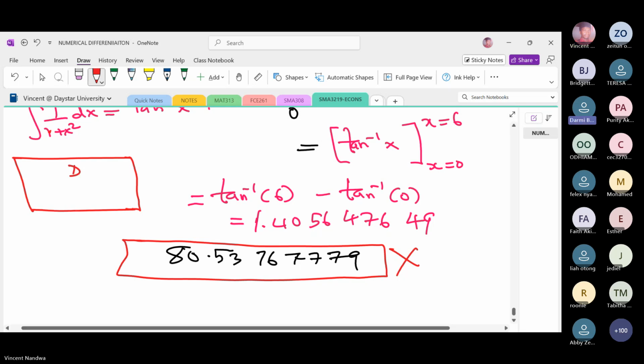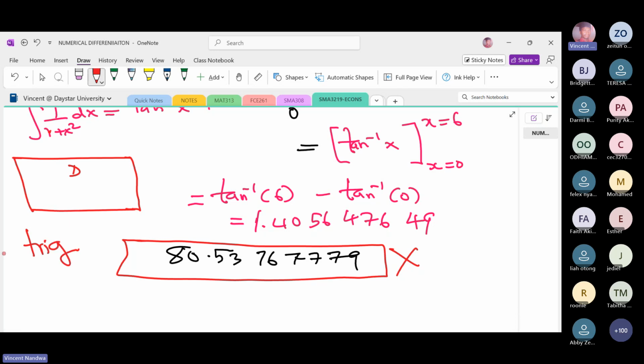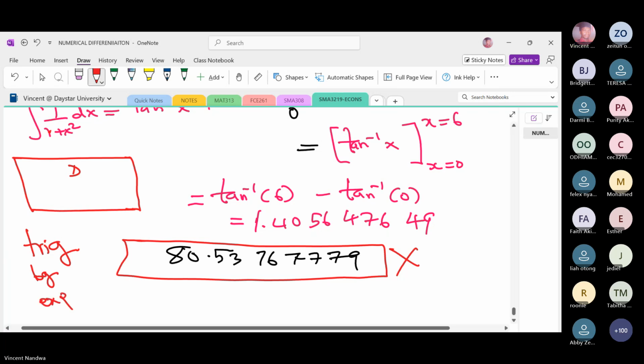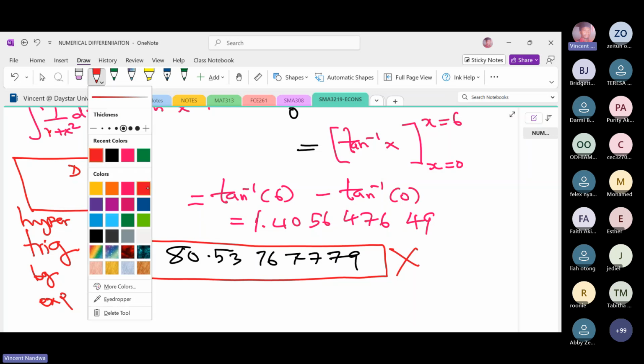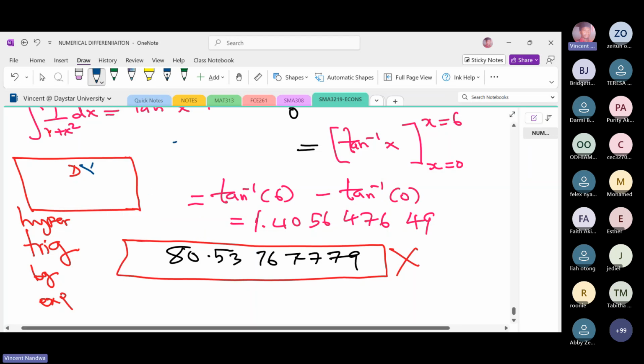If you are dealing with an expression involving trigonometric functions, plus logarithmic functions, plus exponential functions, and their respective inverse functions, or even hyperbolic functions, and you want a numerical value of that expression, please note that if your mode is in degrees, all your answers will be wrong. The correct mode should be radians.